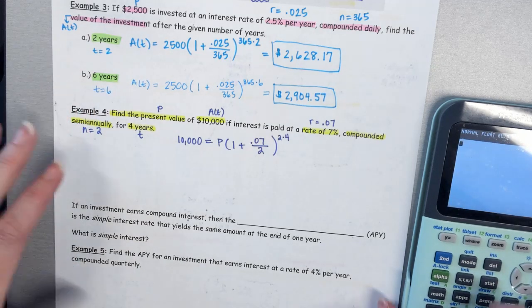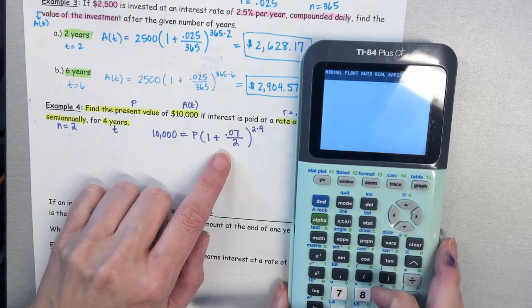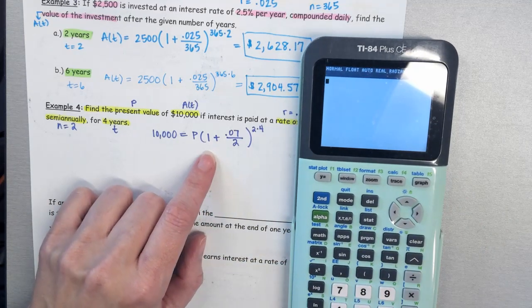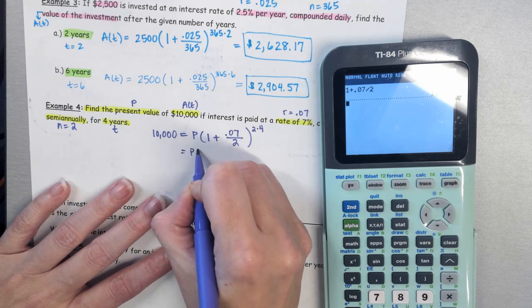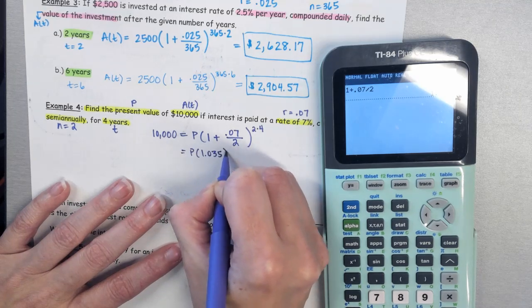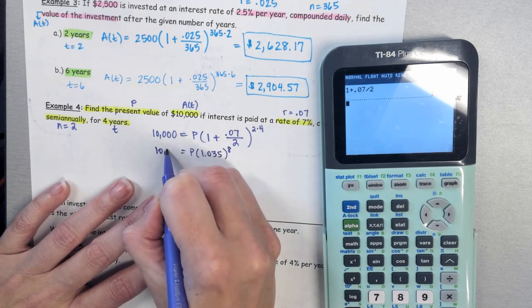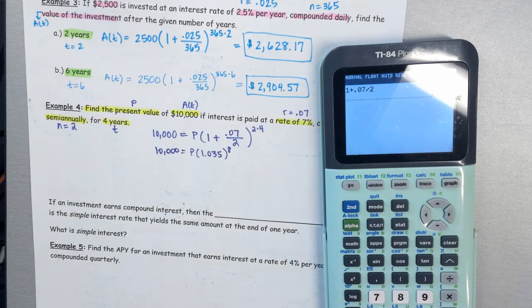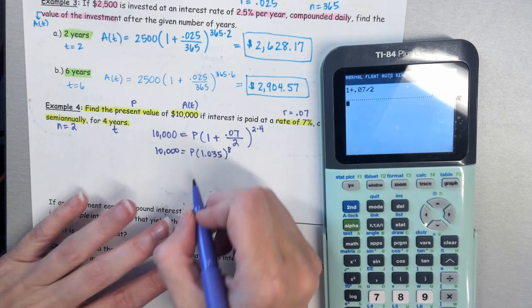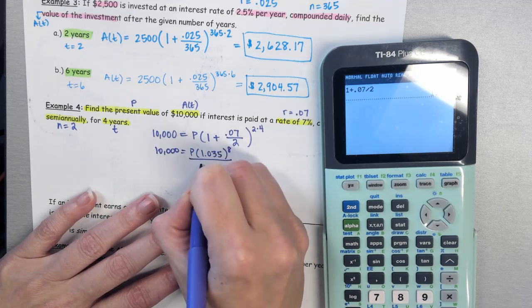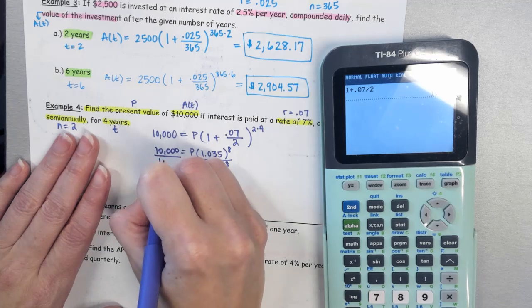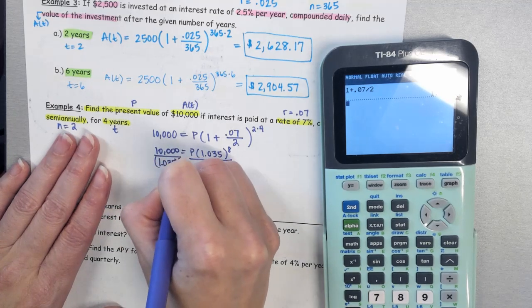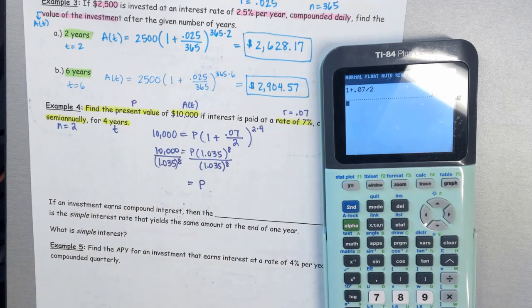Okay, and this is where you need to be careful with your rounding. So for this, I have 1 plus 0.07 divided by 2. So in here, I have P times 1.035 to the power of 8. And then if you want, because this is going to be a decimal, you can just divide both sides by 1.035 to the 8th power, because you don't want to round yet.